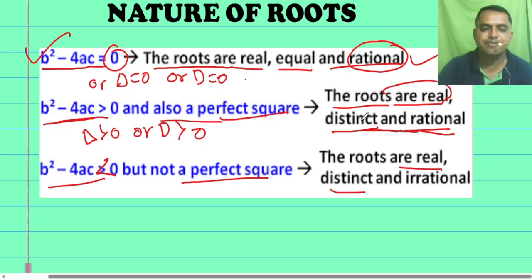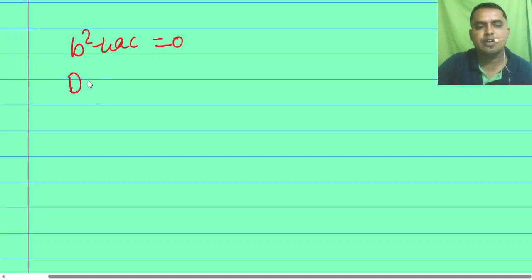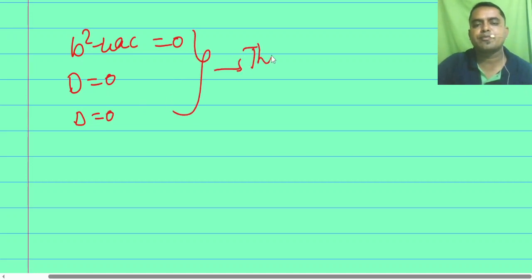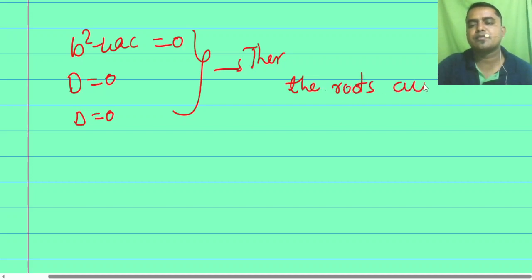Or we can say, if b square minus 4ac is equal to 0, or D is equal to 0, or delta is equal to 0, then the roots are real and equal.